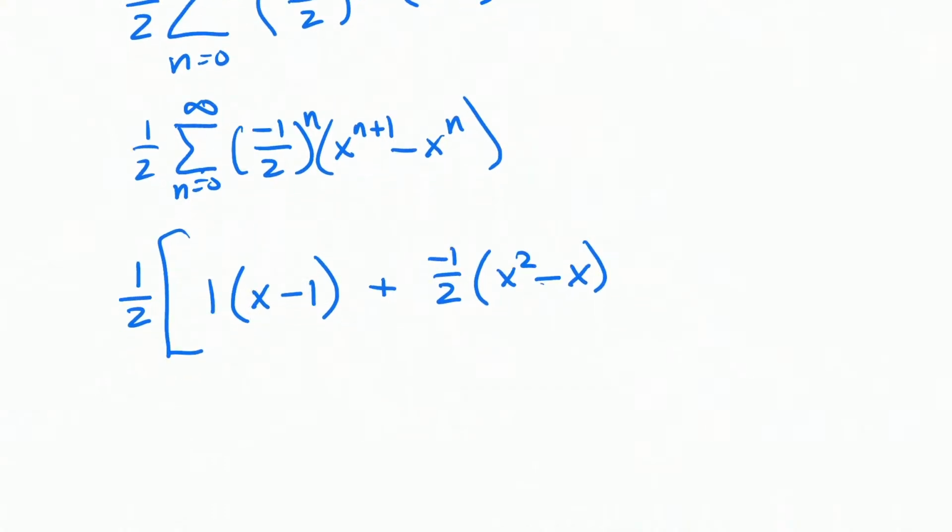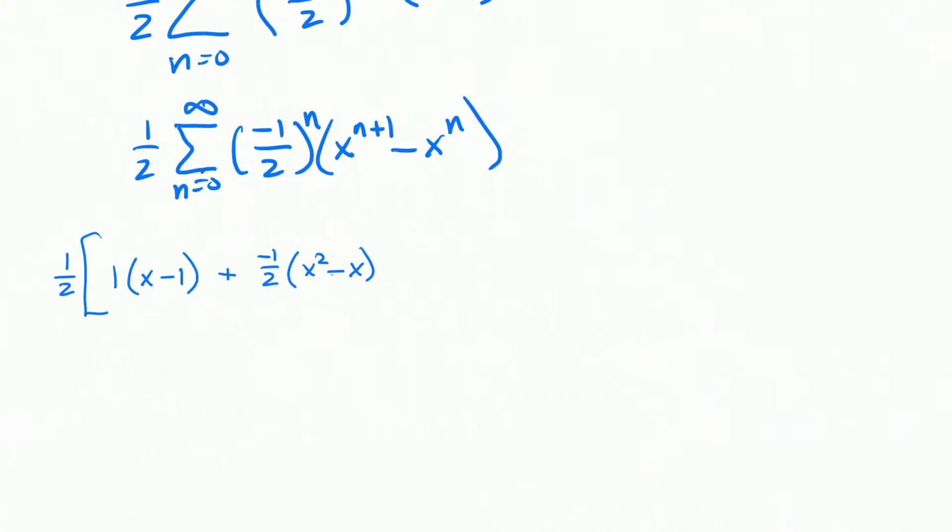So it's possible to do this without writing all this out, but I think that seeing it written out like this will help to see what's happening. And then this is going to be negative 1/2 to the second times x to the third minus x squared.